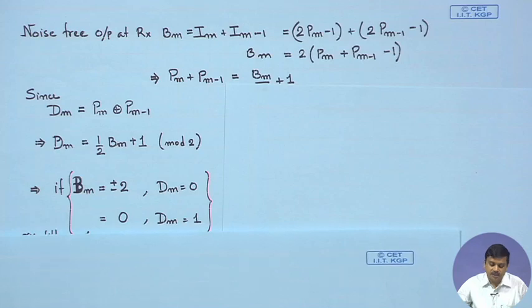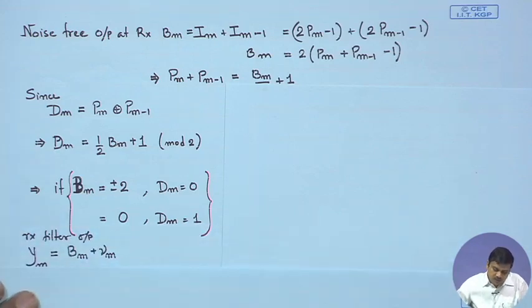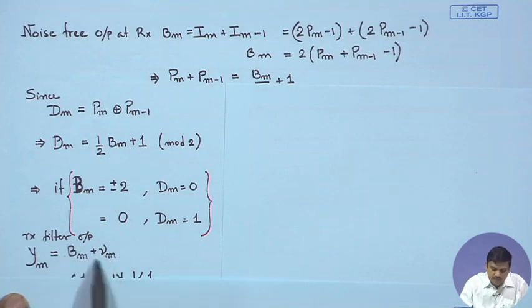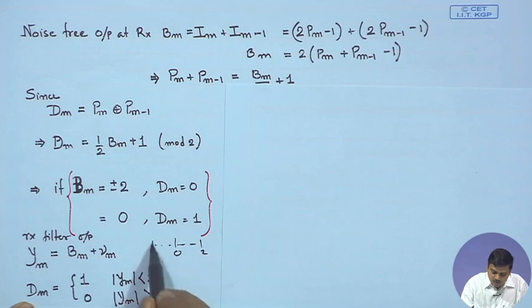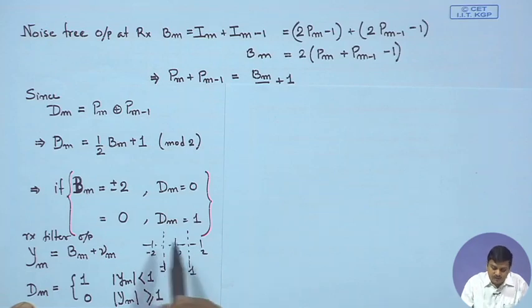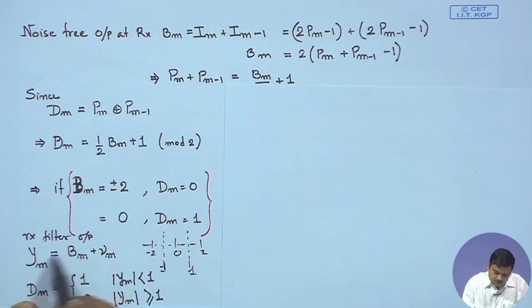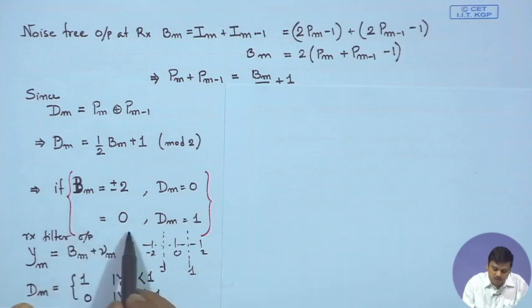right at the transmitter. So, the receive filter will be having y m is equal to b m plus noise. So, we would set that, because it is 0 and we can say there is a 0, there is a 2, there is a minus 2. So, a decision point would be somewhere in between, which is 1 and minus 1. So, if I receive y m which is b m plus noise, that means b m is plus minus 2 or 0 plus noise.